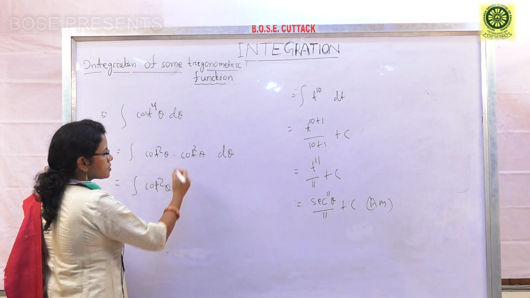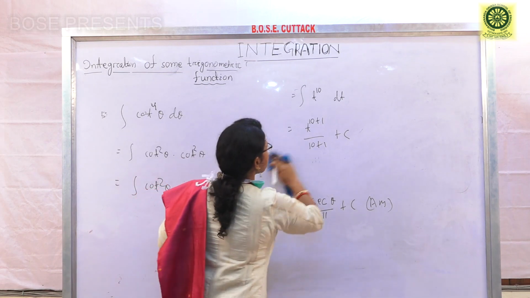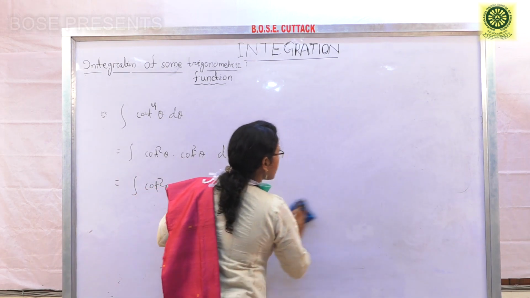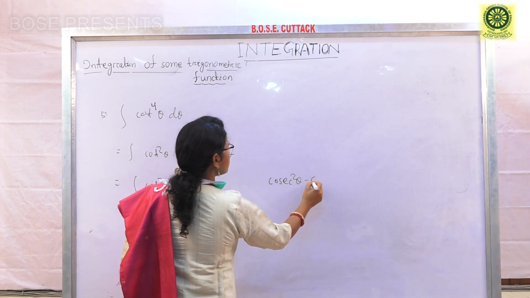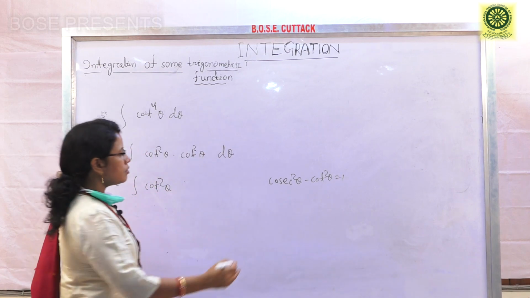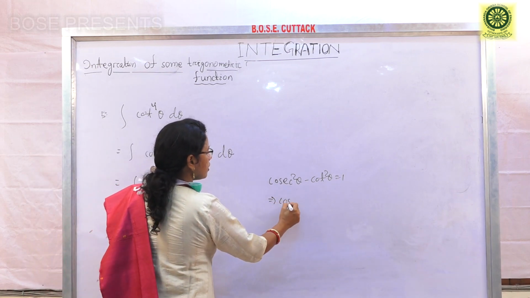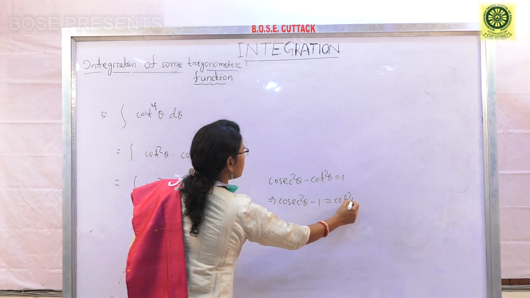Now just replace cot square theta by cosec square theta minus 1 by using the formula. That is, cosec square theta minus cot square theta is equal to 1. That implies cosec square theta minus 1 is your cot square theta.